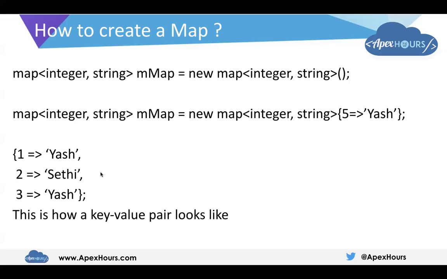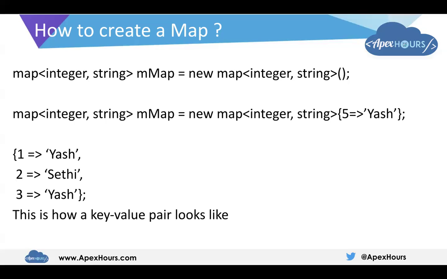So you can take an example of a school or of a class where we have a unique roll number assigned to every student, right? One roll number is assigned to a student, the second roll number is assigned to another student. Each roll number is unique, right?